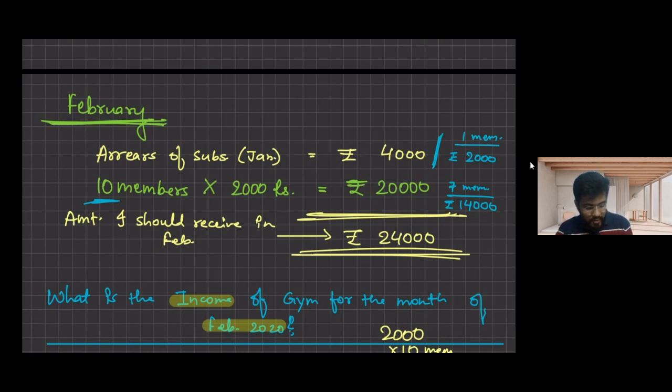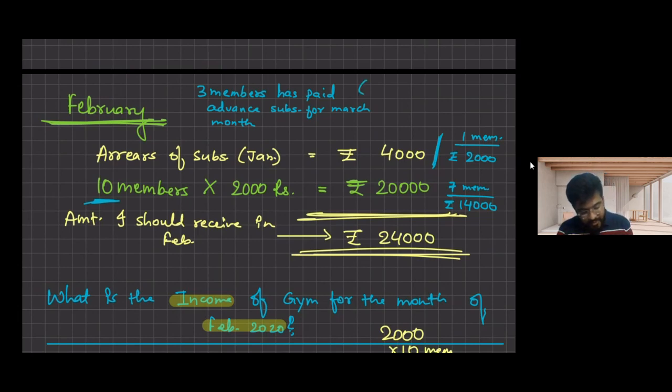Also, 3 members have paid advance subscription for the month of March. 3 members have paid advance subscription for the month of March.